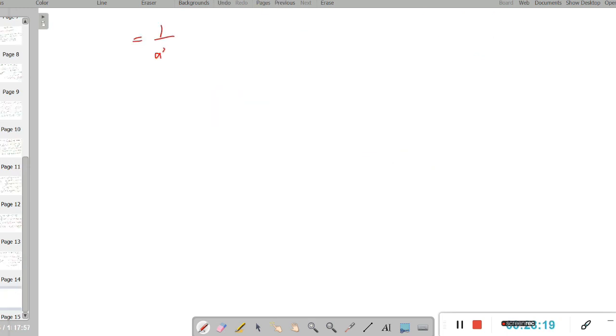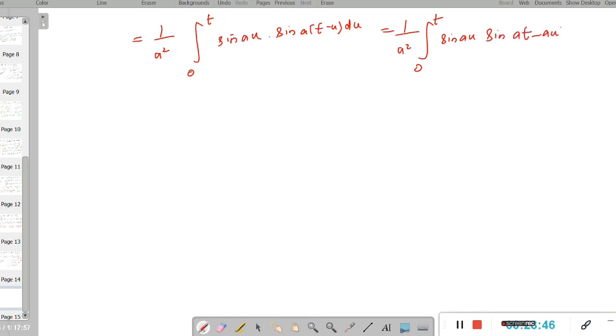So if you apply the convolution formula, you may get 1 by a square, integral over 0 to t. By using the first term, you write sin au, into, in the second term, that means again by using sin at, try to write sin a into (t minus u) du, which is equal to 1 by a square integral over 0 to t sin au sin (at minus au) du.